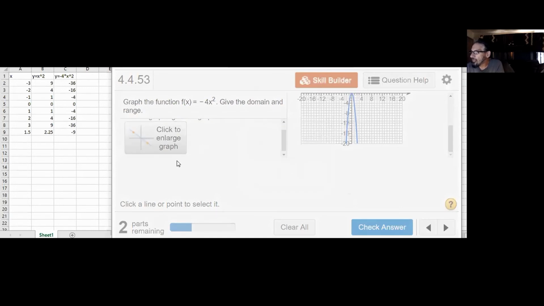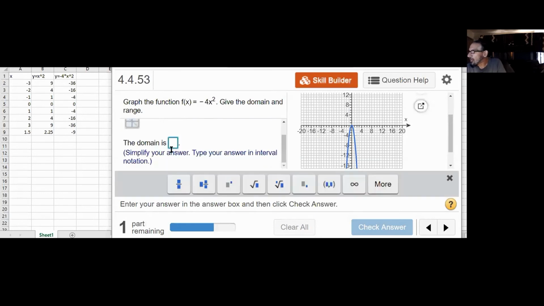Said earlier that the domain would be all real numbers, meaning that we want negative infinity to positive infinity. Don't type a sign in front of the positive infinity. Just go with that.